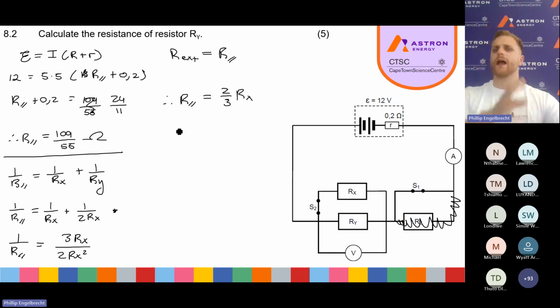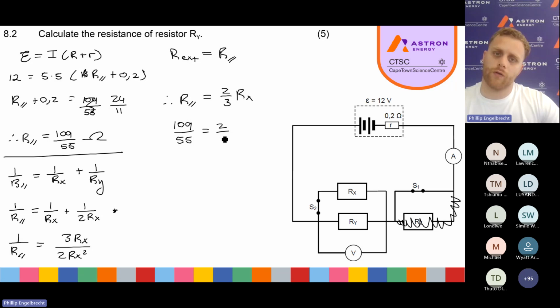So what I can do now is figure out the value for my resistor X. R parallel was 1 over 9 over 55, and that is equal to 2 over 3 Rx. So therefore, the value of my resistor X is equal to, type this on your calculator, 2.9727 ohms.